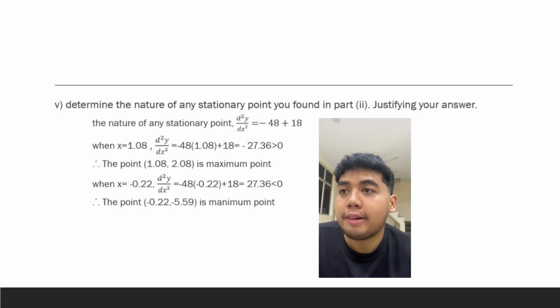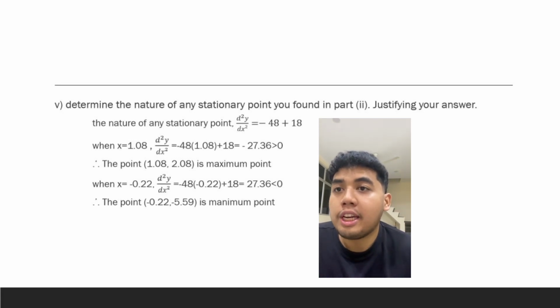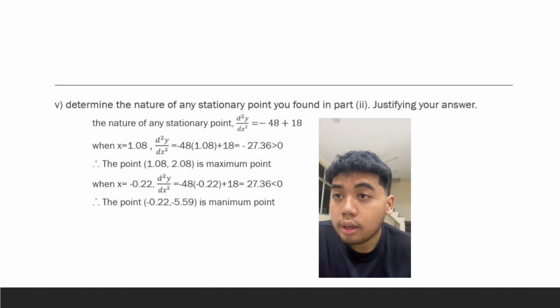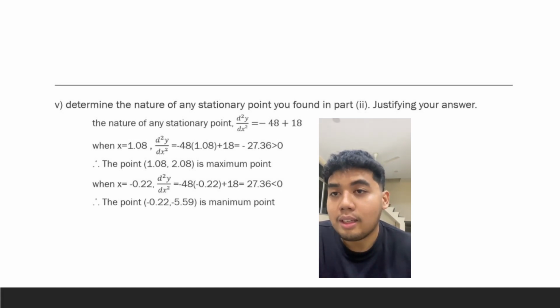So for the question number 5, determine the nature of any stationary point you found in part 2, justifying your answer. The nature of any stationary point, d power of 2y per dx power of 2 equals negative 42x plus 18. When x equals to 1.08, d power of 2y per dx power of 2 equals negative 42 multiply 1.08 plus 18 equals negative 27.36, smaller than 0.